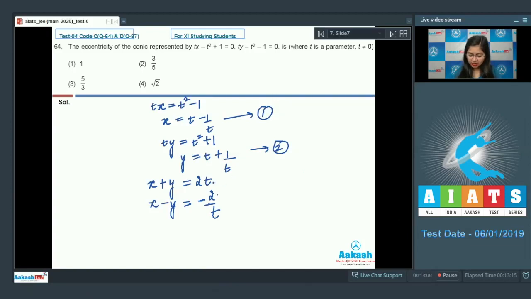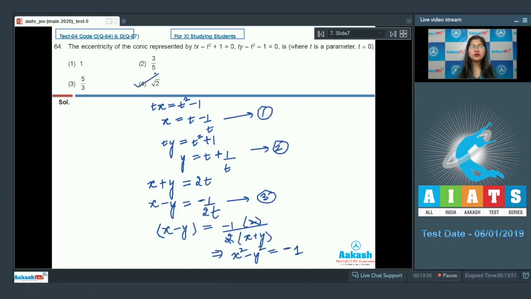Now to do that, let us substitute t equal to (x plus y) upon 2 in equation 3. So from here we get that (x plus y) into (x minus y), that is x square minus y square, is equal to minus 4. That is, the conic is a rectangular hyperbola. Now for that, we know that the eccentricity is always under root 2. So the correct answer is option number 4.